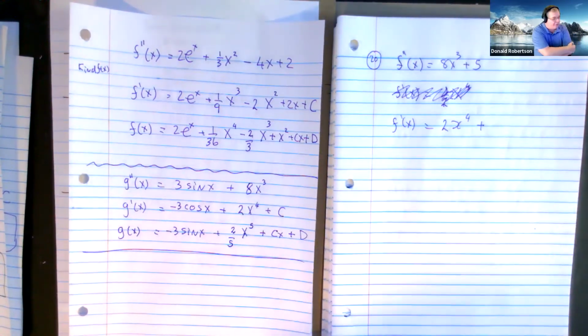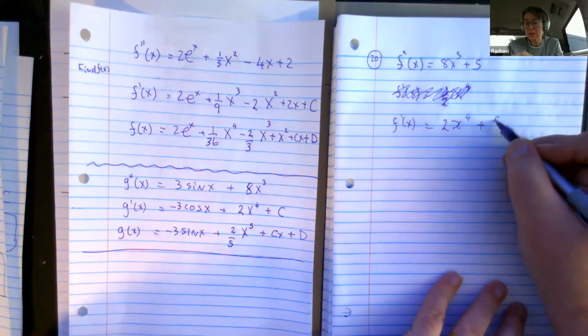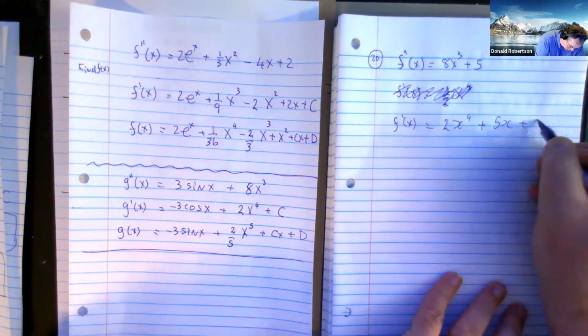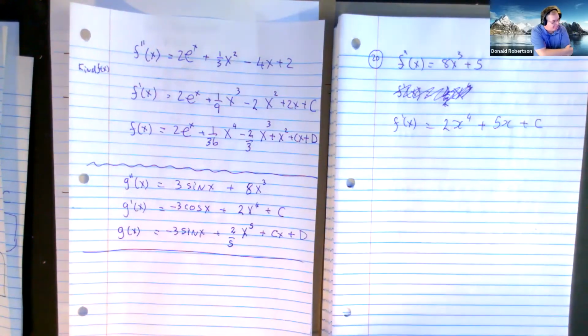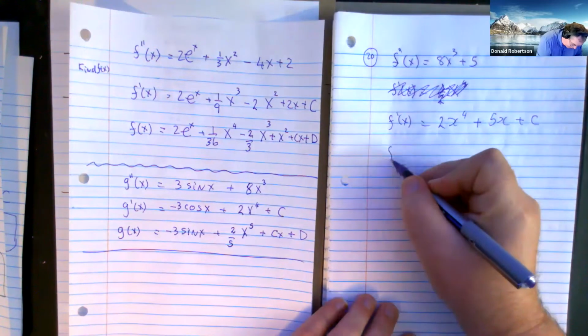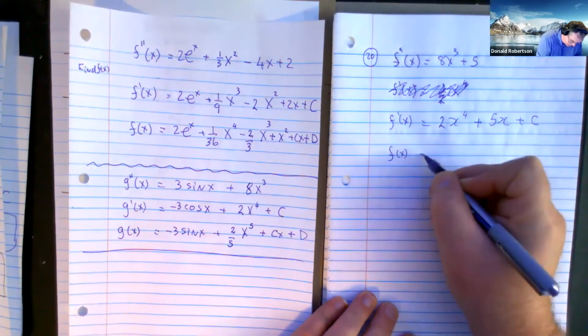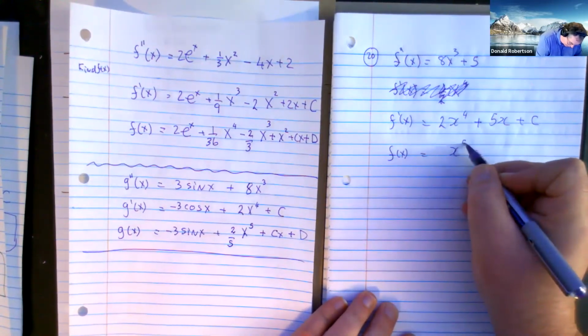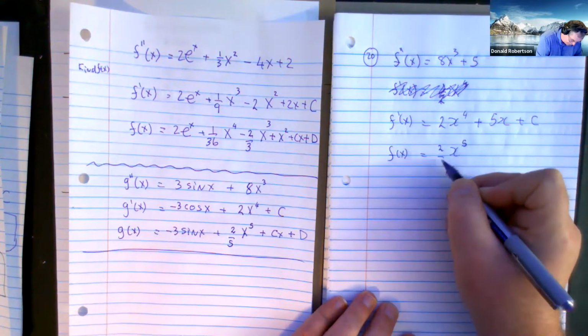Add 1 to the power, divide by the new power. What will the number 5 get me when I take its antiderivative? What will the 5 become? 5x. Great. And then won't we do plus C? And now if we find the antiderivative of this, power rule, add 1 to the power, divide by the new power.